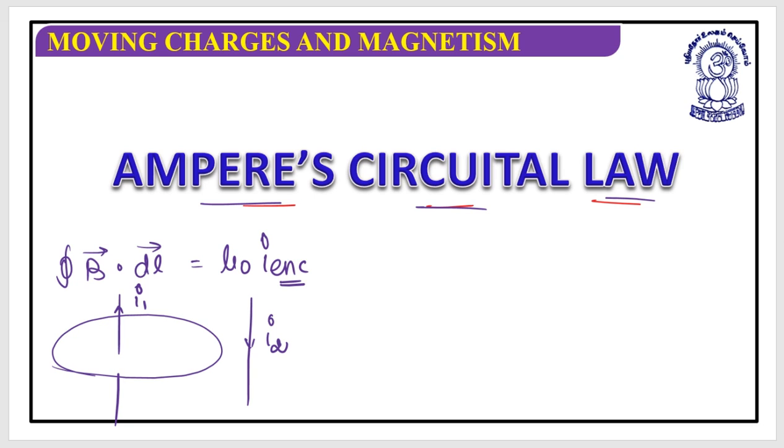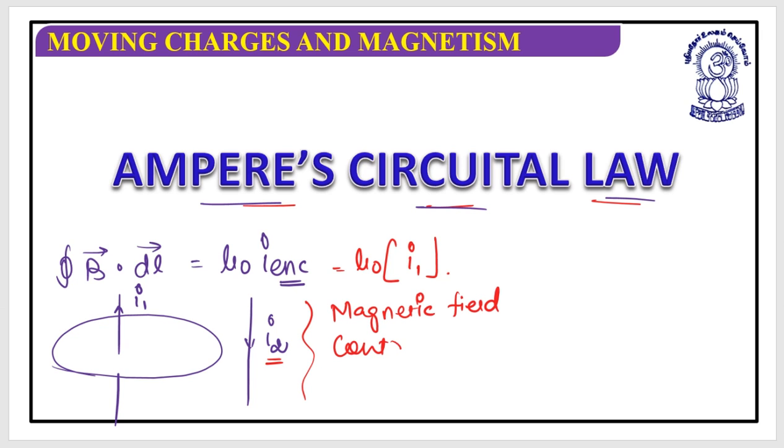So when I go for the I enclosed, I will write only I1 and not I2. But when I have been asked for the magnetic field contribution, then I will go with I1 as well as I2, as I2 is not enclosed by the Amperian loop, but it is part of the magnetic field contribution in this region.